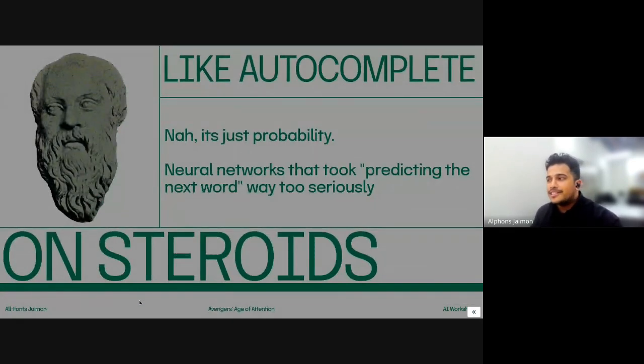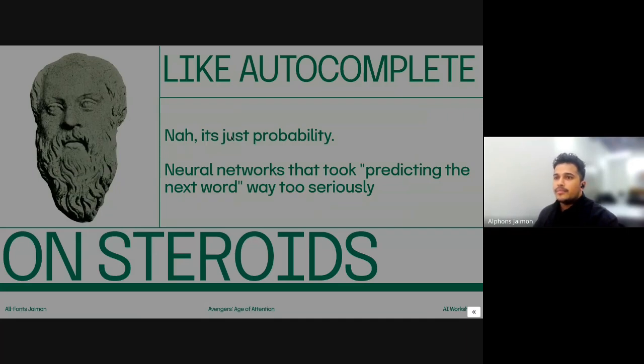An LLM in short is just autocomplete on steroids. It's just a huge probability, a huge math problem. All it does is, given a statement, try to predict the next word for it. Let's say your statement was "it's just".